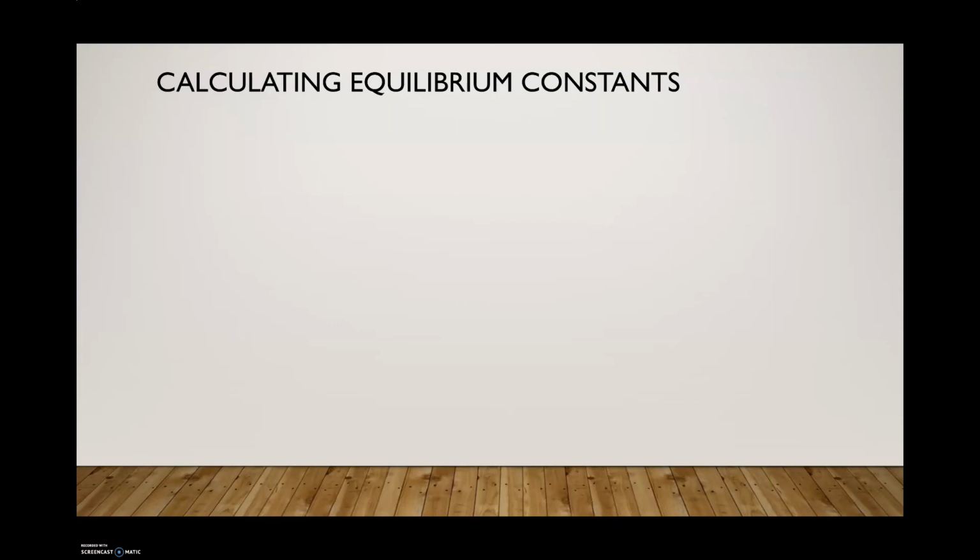So let's get back into discussing the K sub C and K sub P comparison. That's what we're going to call this slide. We'll come back to calculating equilibrium constants in part 2. So how do we go about the K sub C and K sub P comparison?